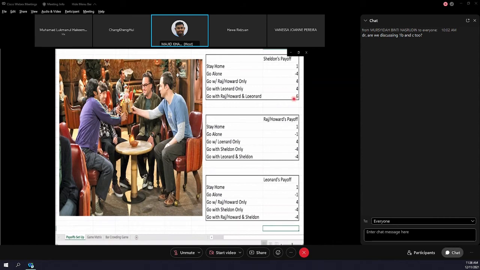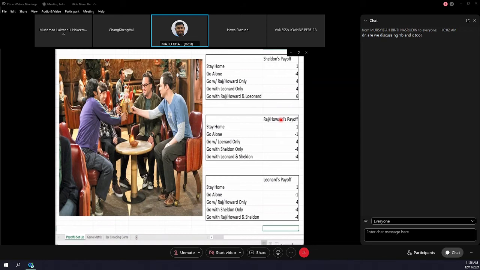But in terms of Raj or Howard's payoff, if they stay home, it is still 1. But if they go alone, they will feel -1, because Raj and Howard always love to go to the bar to find girls, to date girls.